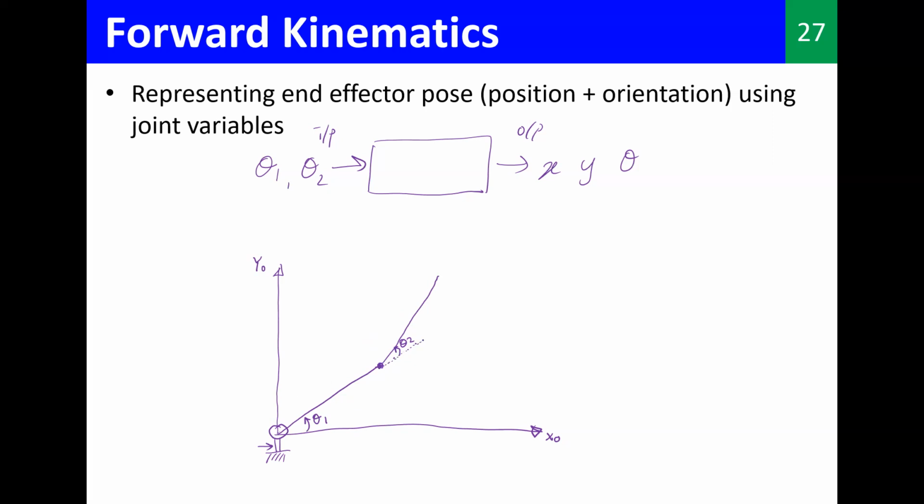That's the angle of my motor or servo that is fixed in this particular link. So this is the point where I'm interested. Let's call this X and Y, and I will give this direction as theta.